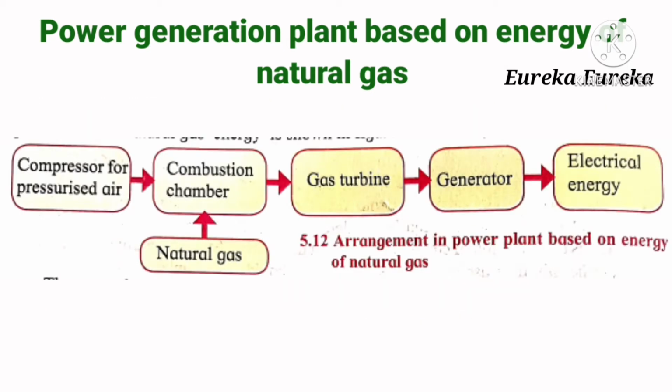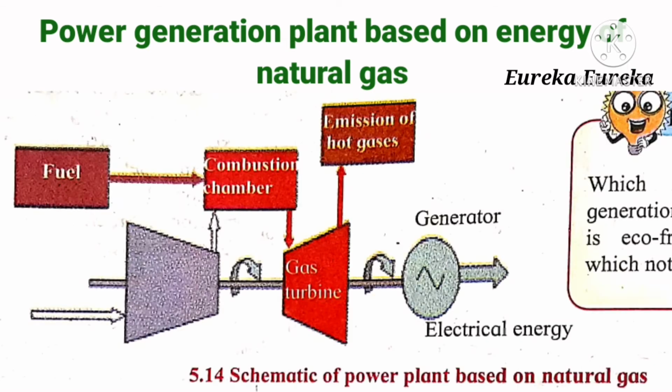Figure 5.12 shows the arrangement in a power plant based on energy of natural gas. Here natural gas and compressed air, that is pressurized air, with the help of a compressor, are blown into a combustion chamber, and the fuel, which is natural gas, undergoes combustion here.